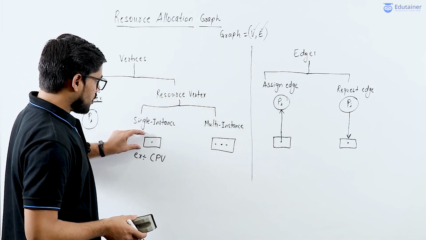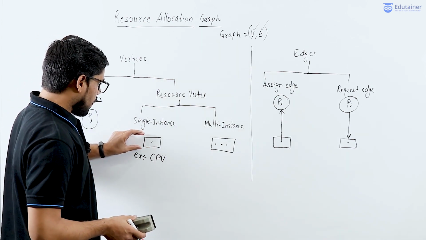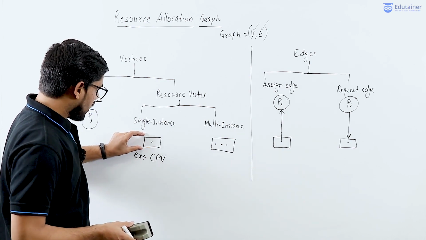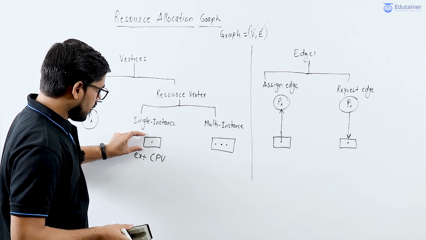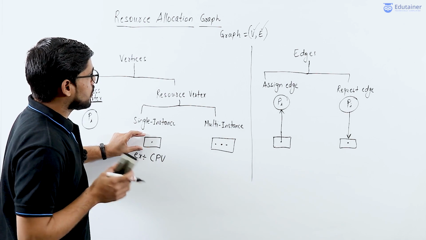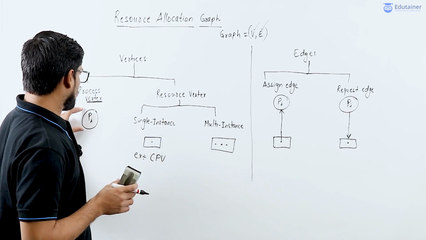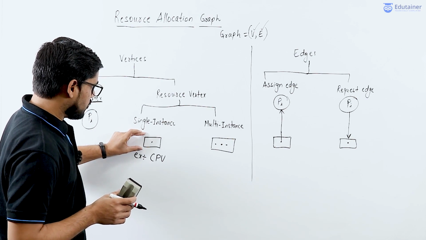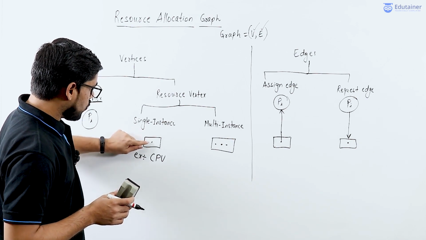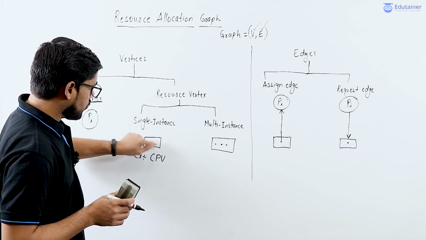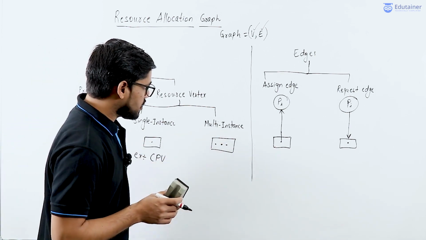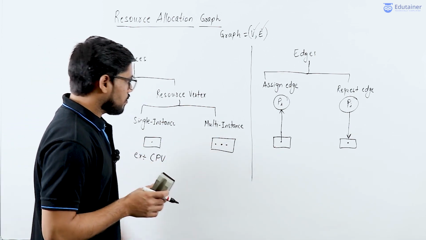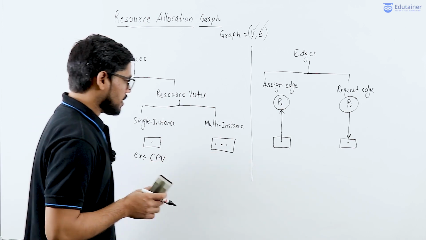A resource is represented with a rectangle shape. In a graph, a process is represented by a circle and a resource by a rectangle. In a single instance resource, there is only one dot inside the rectangle, but in a multi-instance resource, there is more than one dot inside the rectangle.